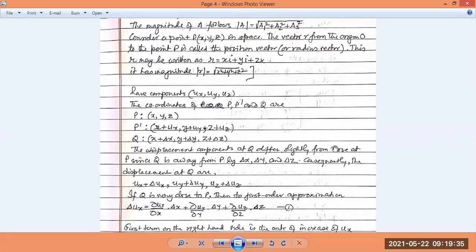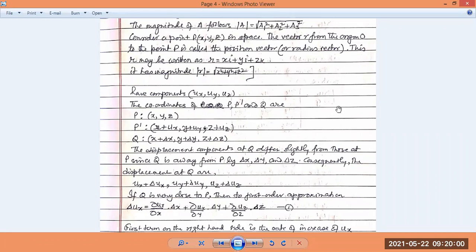Thus, we have the components. The displacement vector u at P has the components ux, uy, uz. I'm telling you again: P is displaced from P to P dash. Thus, the displacement to P dash has the components along the x, y, and z axes equal to ux, uy, and uz itself.